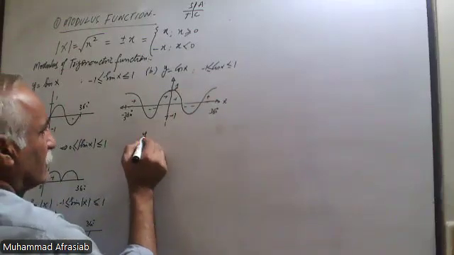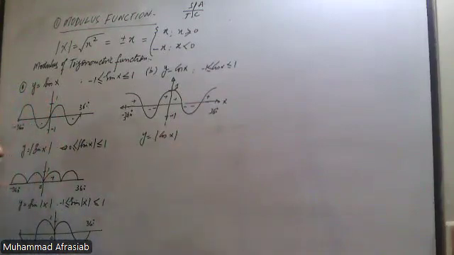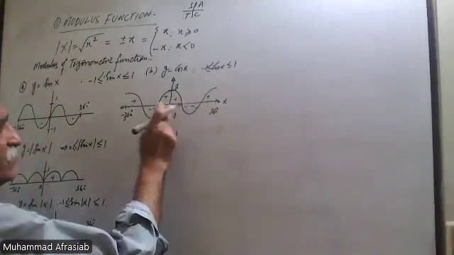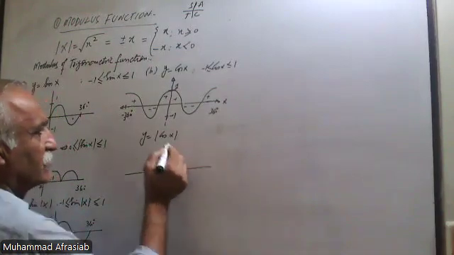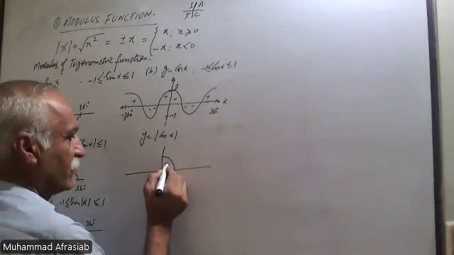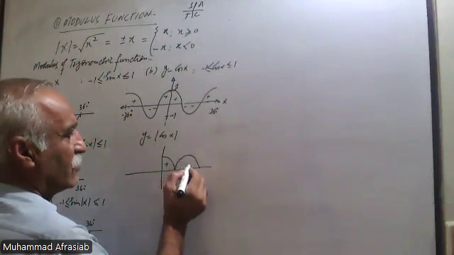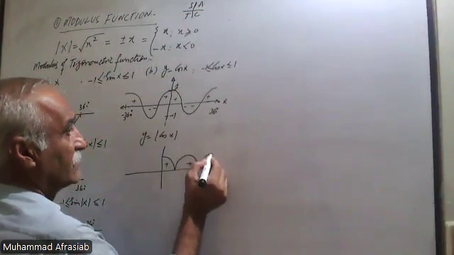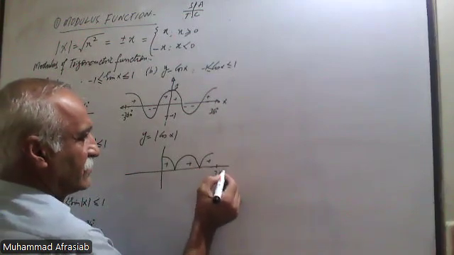But if we have to draw the graph of y equals cos of x whole modulus, then all negative values of this function will become positive, and positive will remain positive, because this is the concept of the modulus function. So this negative part will be reflected and become positive, and this is already positive, up till 360.